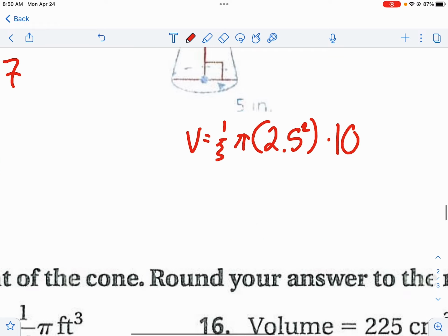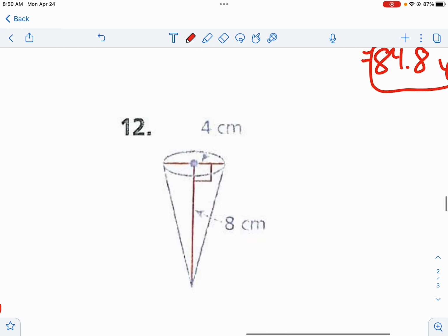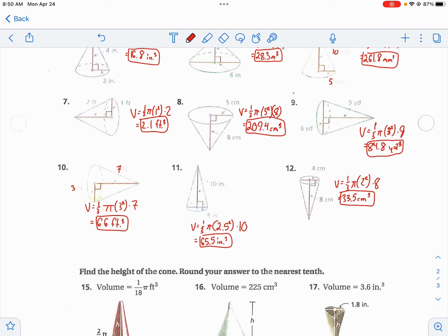Gives me 65.5 inches cubed. And last of these, V is equal to 1/3 pi 2 squared times 8, divided by 3 gives me 33.5 centimeters cubed. That's my answer there.